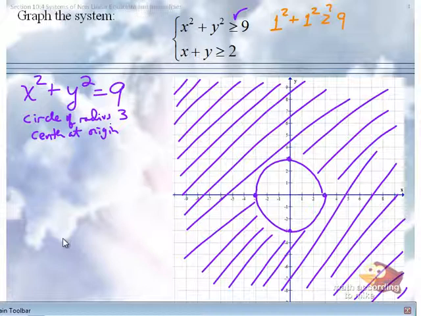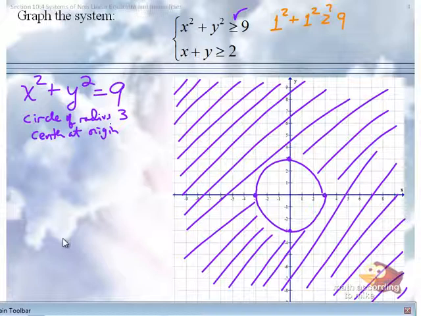So colored pencils or cross-hatching like I'm doing would be a little bit more preferred. So basically that inequality is saying that any point that's on the circle or outside of the circle is true. All right. Second one.